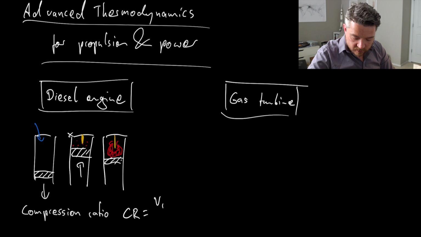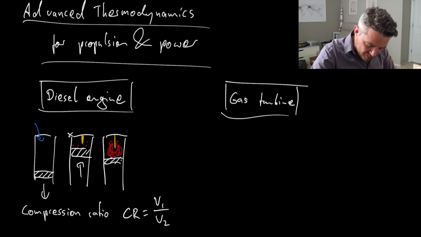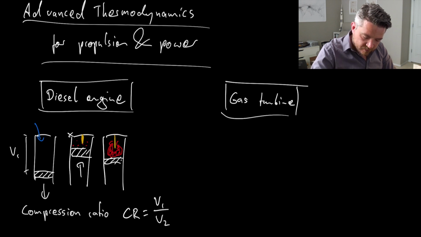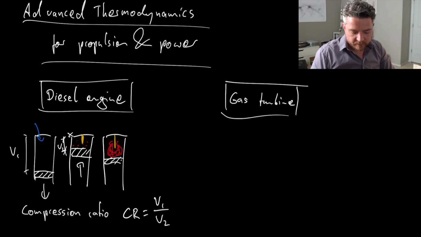And what I mean by that, actually it's, yes. So we have volume 1 here in full expansion. And then volume 2 would be the volume that we have after compression. And a high performance diesel engine could have something like 16 to 20.